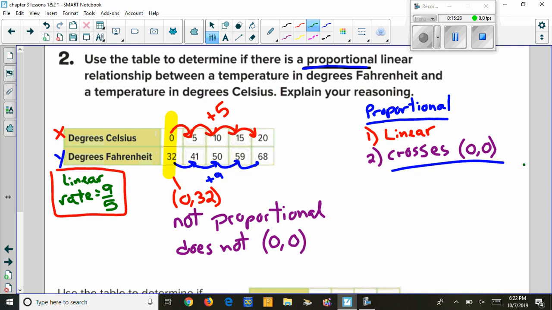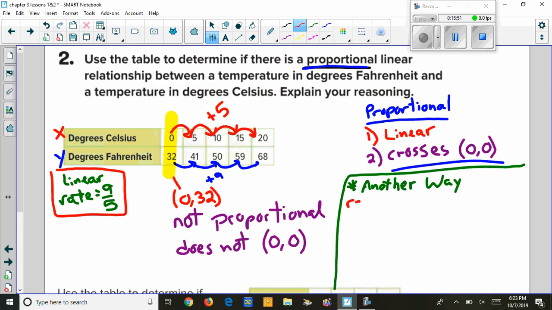Now, this is not the only way. Another way of doing this would be to look at ratios between the points. Such as, I could look at the 10 and the 50.